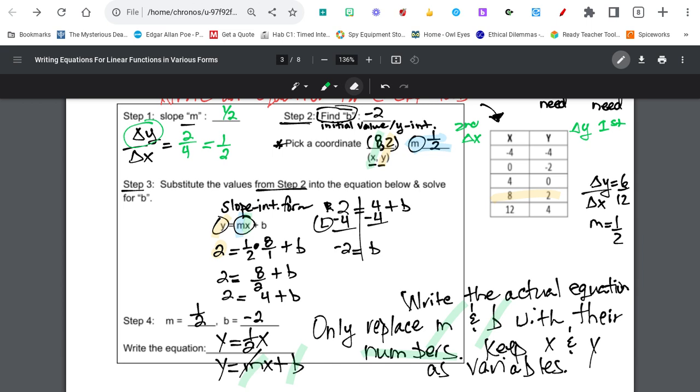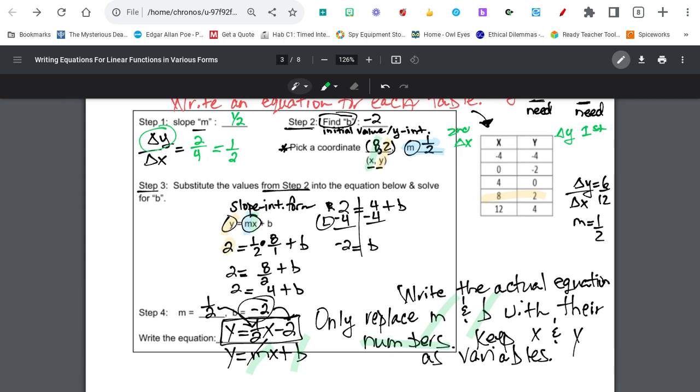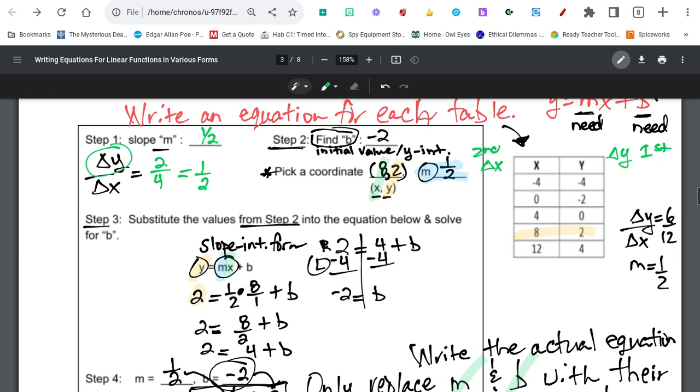Well, I'm not going to write the plus because instead of plus, you can put minus. It didn't have to be plus b. You can be minus b. But this is a -2, so I'm going to put -2. I could have put plus -2. But I prefer to go with y equals 1/2 x minus 2. So as you can see, I just attach my 1/2 to the x. And then I put my -2 behind it. That's all you do.